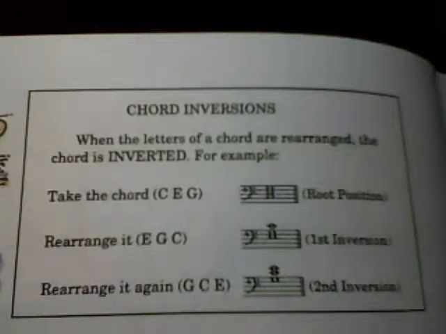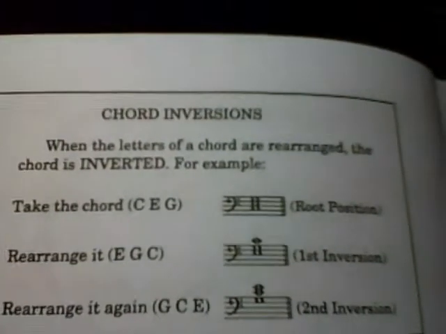And we have something where they're talking about chord inversions. When the letters of a chord are rearranged, the chord is inverted. In this example here, we're starting with the chord C, E, G, and it shows our F clef.